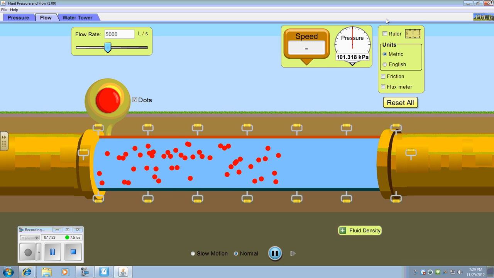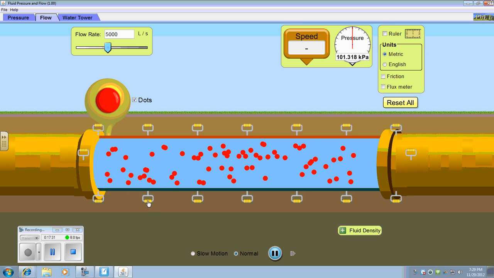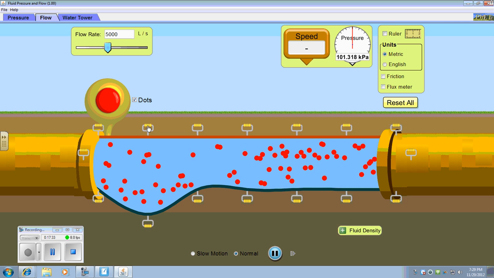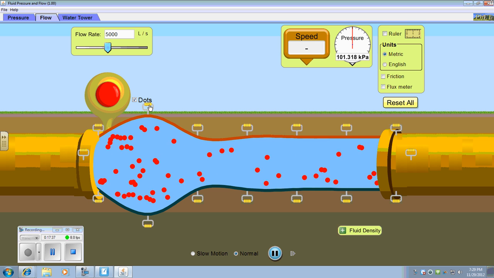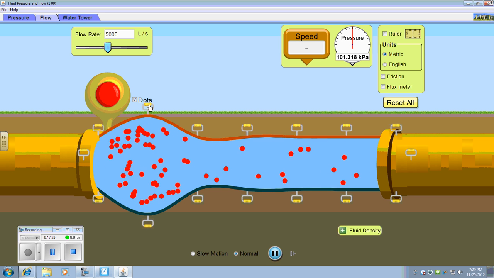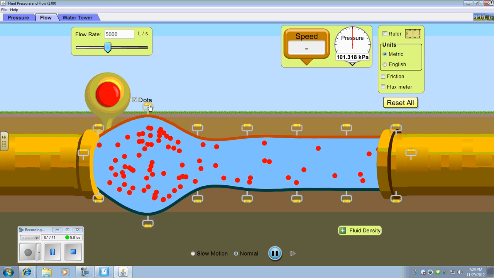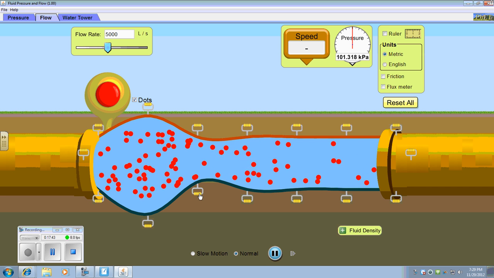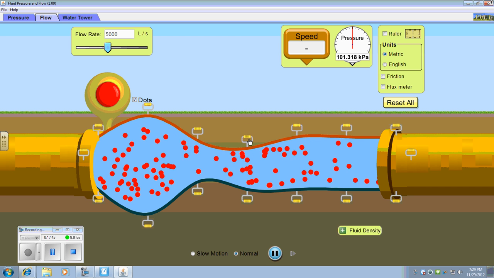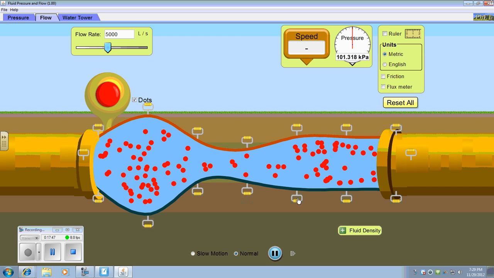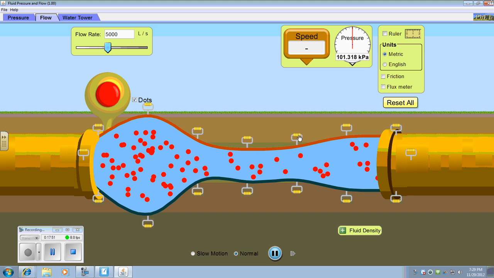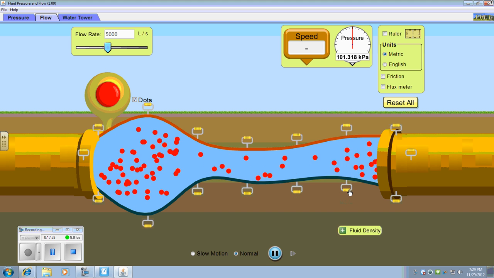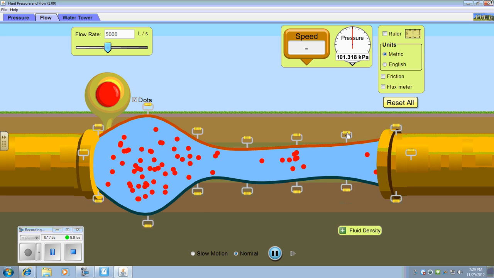Now the main idea with the continuity equation is that in areas that have a larger cross-sectional area, like over here on the left, I see that the velocity of my molecules is slower, and you can physically see that in this example. That's why I love this thing. And then in areas where the cross-sectional area is smaller, we see that the velocity is faster.